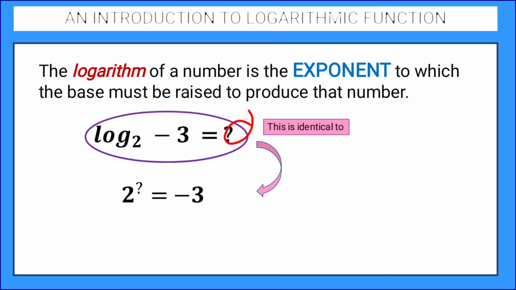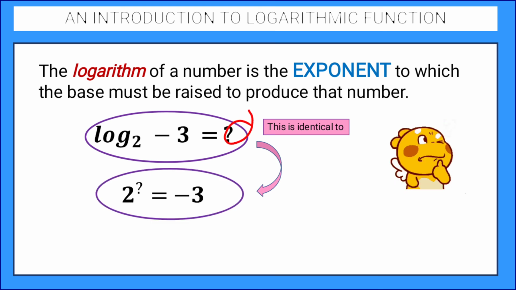And the answer will be impossible. So there will be no answer. That's right, because there's no such thing as raising a number to any power that can give a negative value.